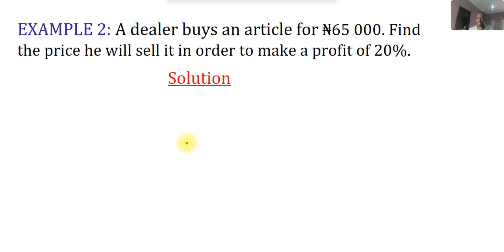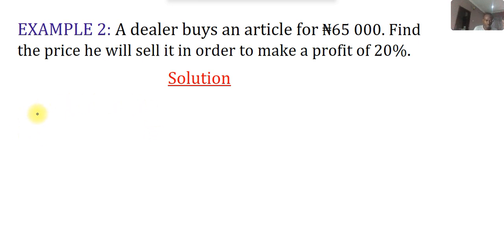So which means that for him to make a profit, he needs to sell above the cost price. So we need to first calculate the amount that he needs to make that profit. We need to obtain the profit first.